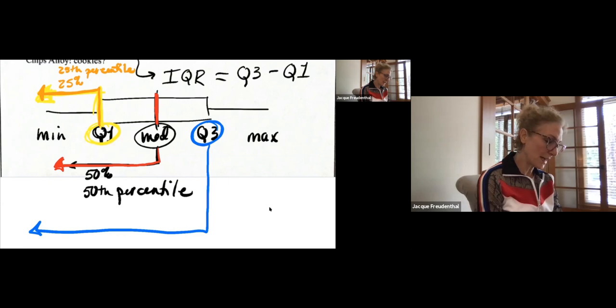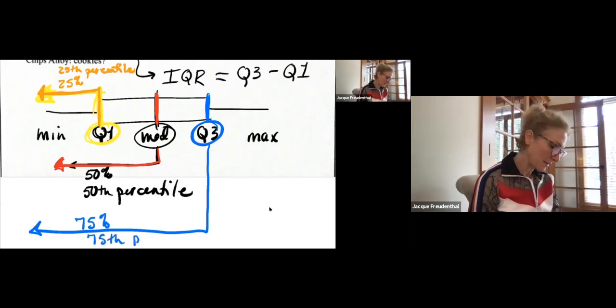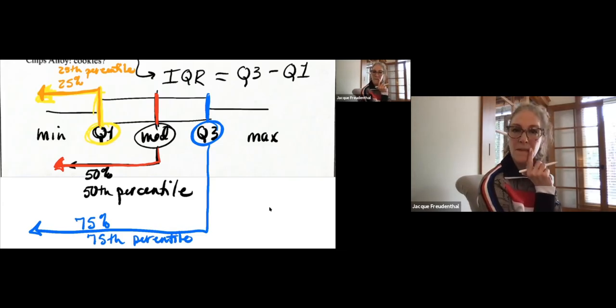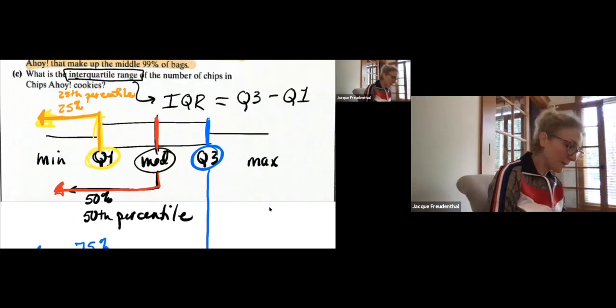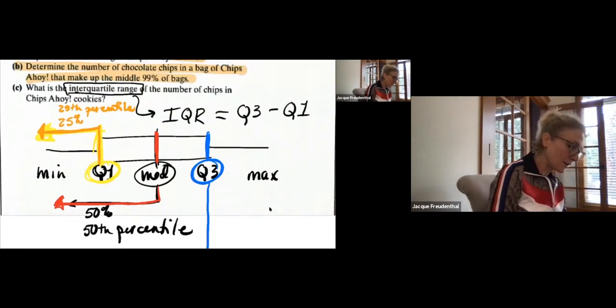So the third quartile, wouldn't that be 75% to the left or the 75th percentile? So we're going to use the ideas of percentiles so that we can identify the third quartile and the first quartile, so we can ultimately answer the question, which is asking us to find the interquartile range.